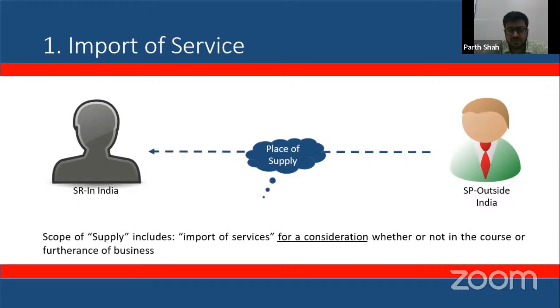The place of supply on the basis of section 13 of the IGST Act, if the place of supply is in India, only then import of service is triggered and you are required to pay tax under RCM. I hope this is clear. So service provider outside India, service recipient in India, and most importantly, the place of supply has to be in India in accordance with the provisions of the IGST Act.